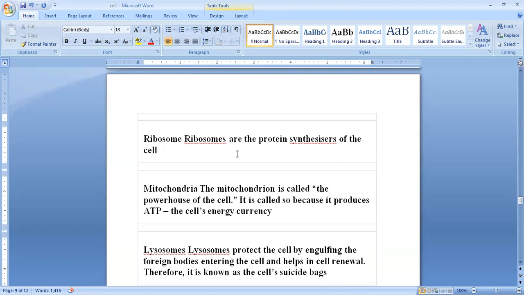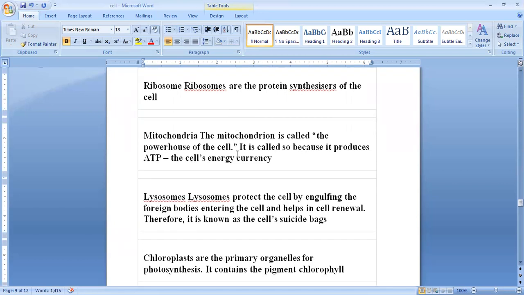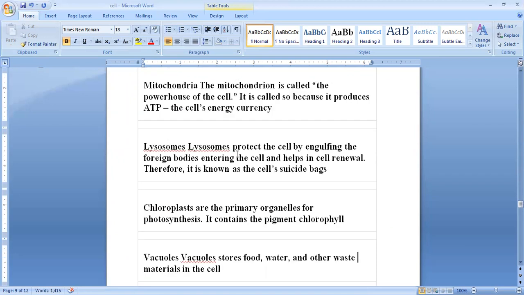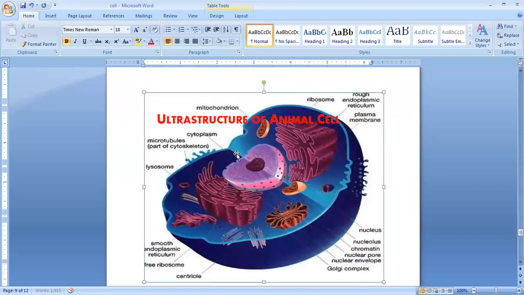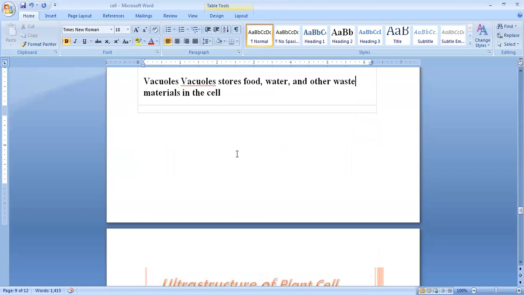They synthesize protein, and mitochondria is the powerhouse of the cell because it produces ATP. Lysosome protects the cell from engulfing foreign bodies and it is also known as suicide bags. Chloroplast is important for photosynthesis because it contains chlorophyll, and vacuoles are the storage of water, food and other waste material in the cell.